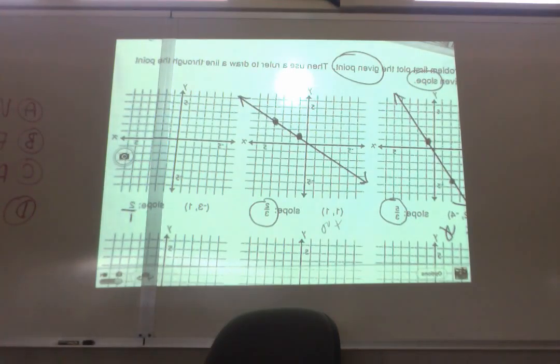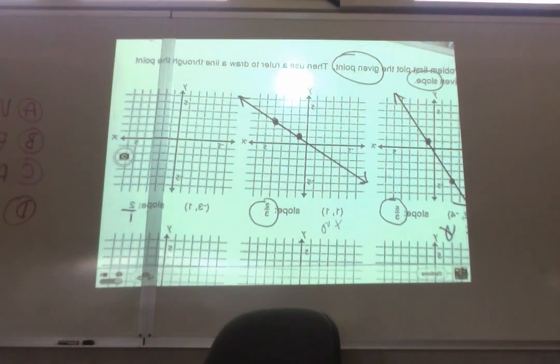Match. Nice. So you went straight to the slope. First you've got to do the slope, and the point.